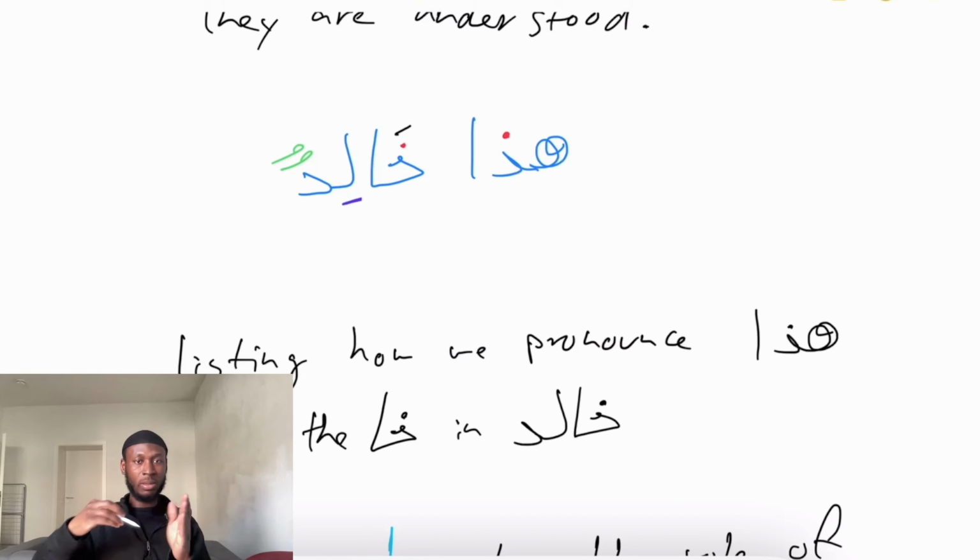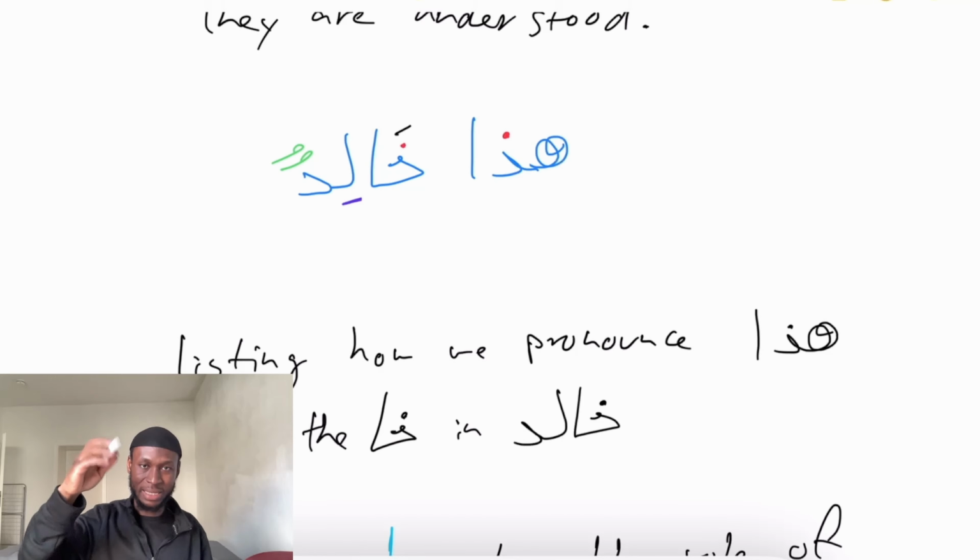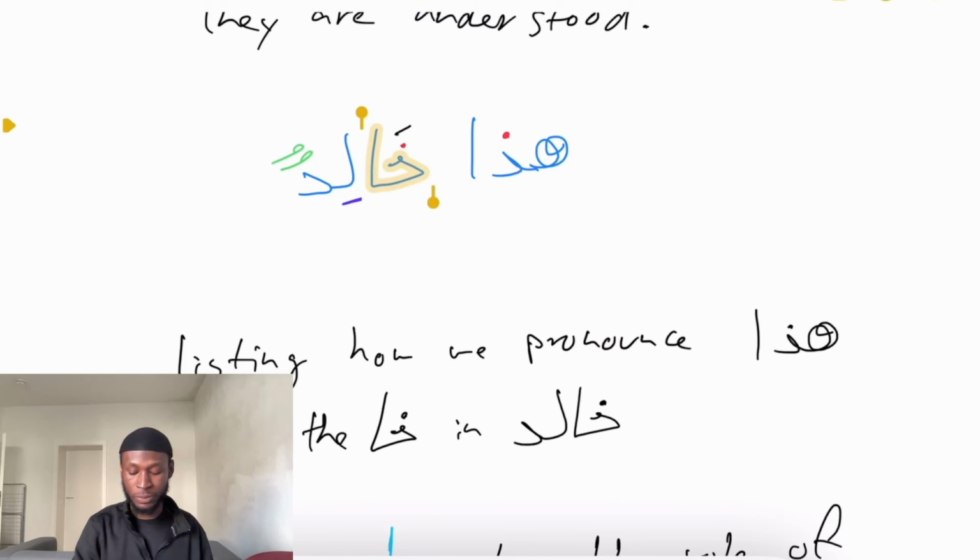I'm prolongating the ha and the kha. If you remember, I said it is written with an alif. We put an alif after the ha, and also for Khalid.